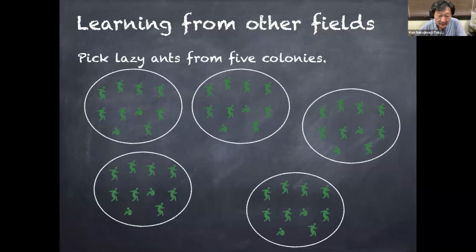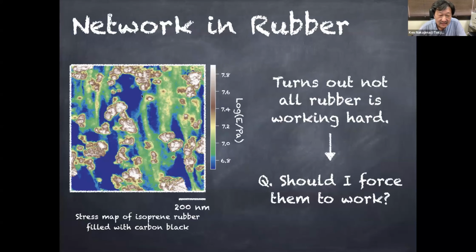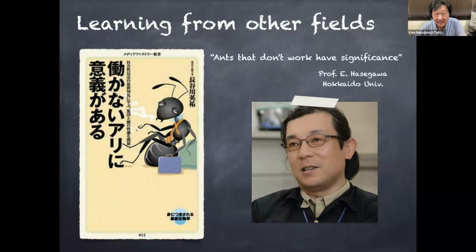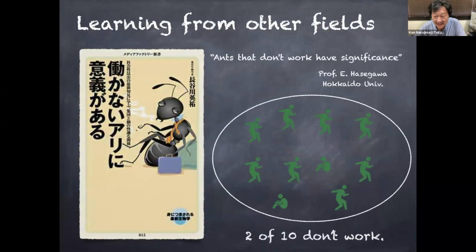For example, coming back to this one, people try to make this lazy rubber matrix work together with others. But I think this portion may also have some meaning. So that is something that I'm working on.